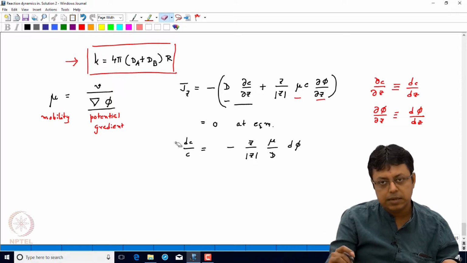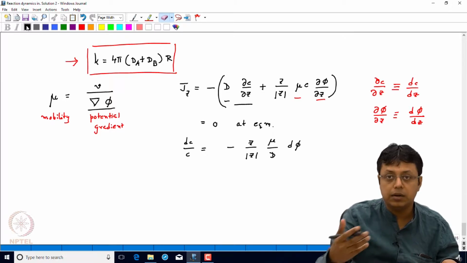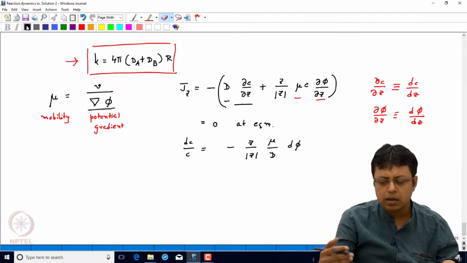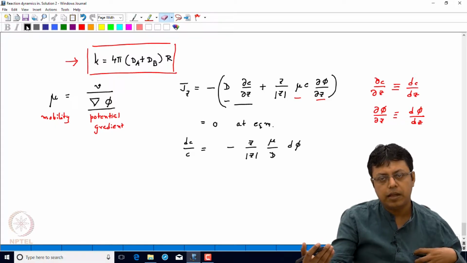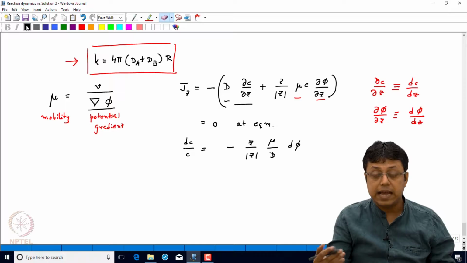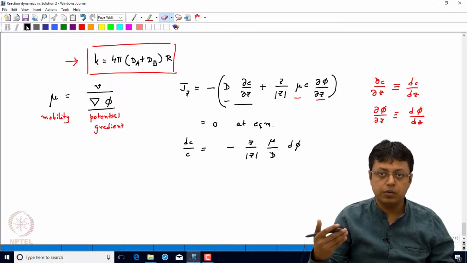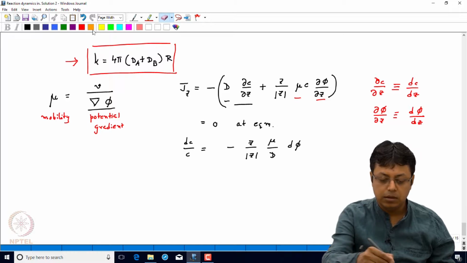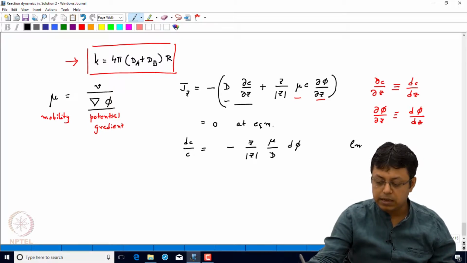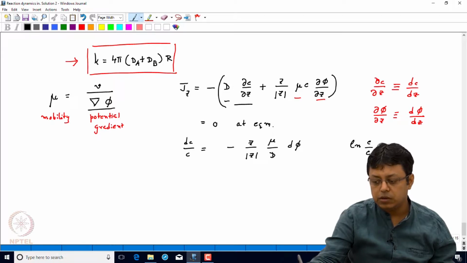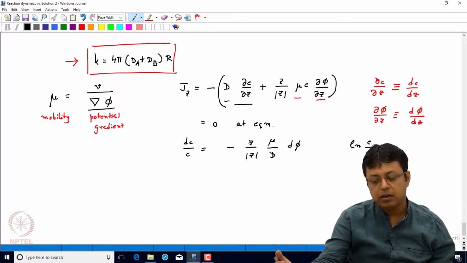Now as you can see, it is dc by c, so the integration will be some logarithmic integration, ln c, and then we can also put some initial condition that at phi equal to 0 the concentration is C0. So before attempting the solution, let us assume what we are guessing, that it will have some logarithmic solution, something like ln c, and if I put the initial condition that C0 was the concentration at phi 0, and then on my right hand side, if I just remove the logarithm, it will be C is equal to C0 into e to the power something.